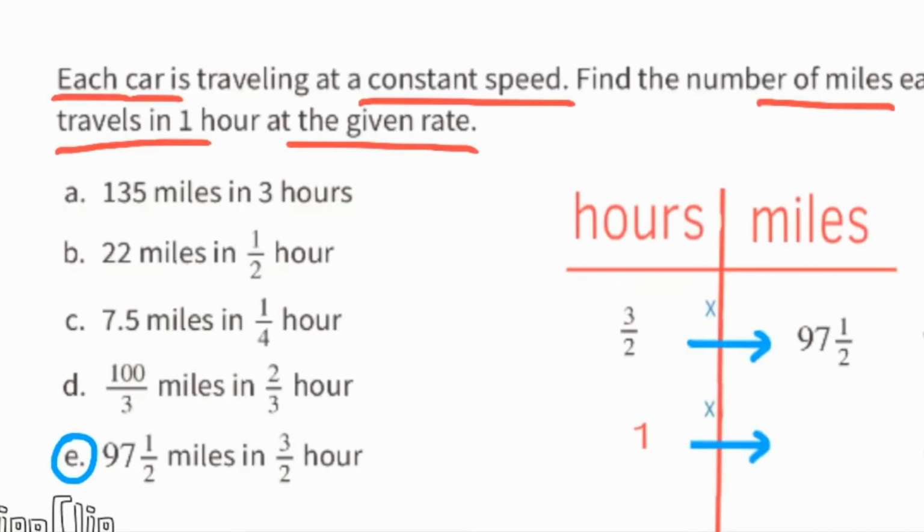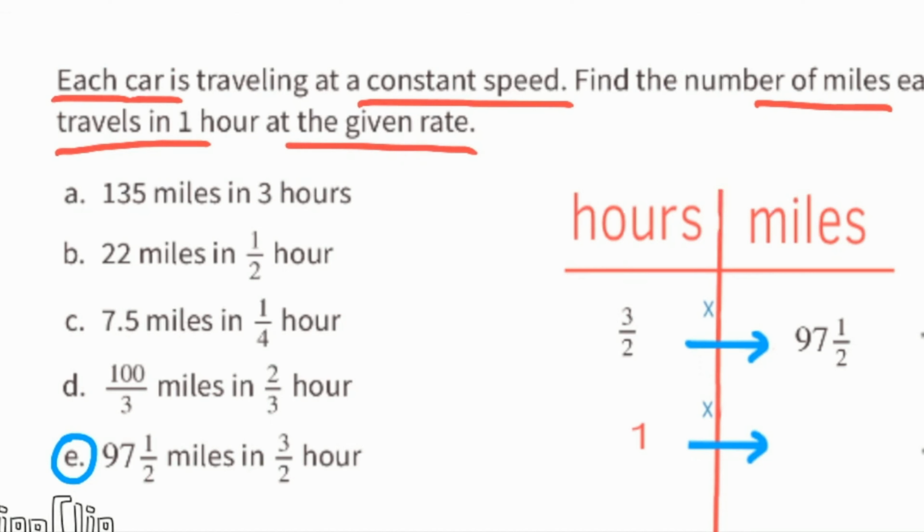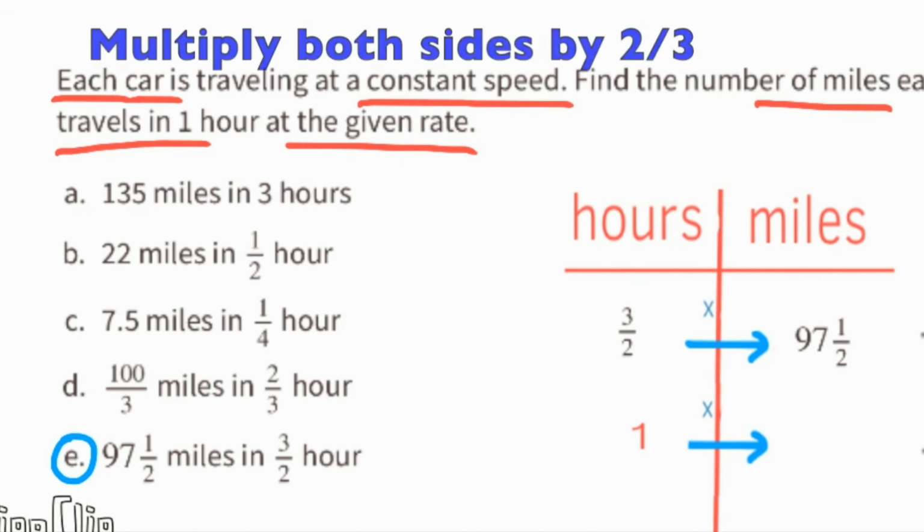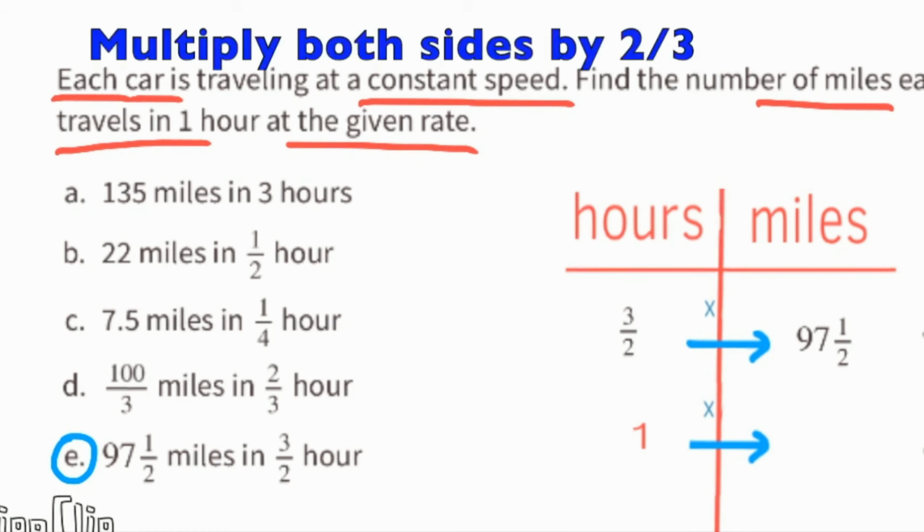The given rate for E is 97 1/2 miles in 3/2 hour. 3/2 of an hour is the same as 1.5 hours. We need to find out how many miles in 1 hour. We can multiply by the reciprocal of 3/2, which is 2/3. That gives us 1 hour. We need to multiply 97 1/2 miles by 2/3.